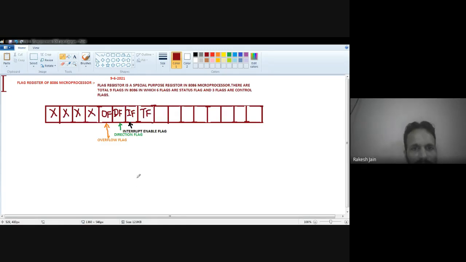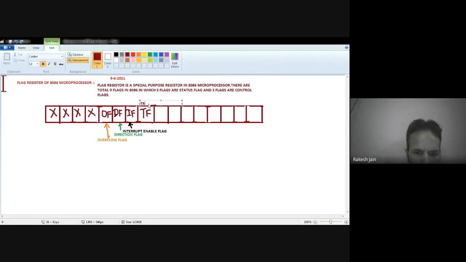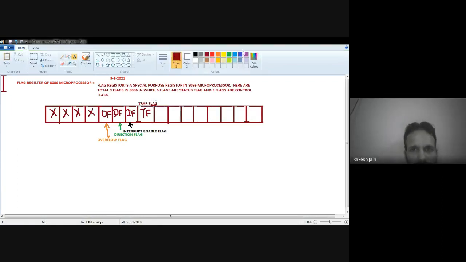I write the name over here. These three, denoted in purple color, are the direction flag, the interrupt enable flag, and the trap flag. These three are your control flags.